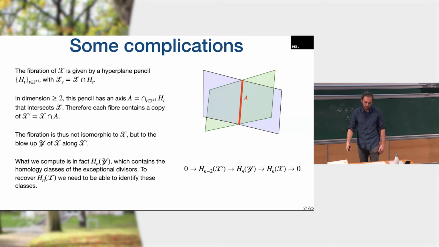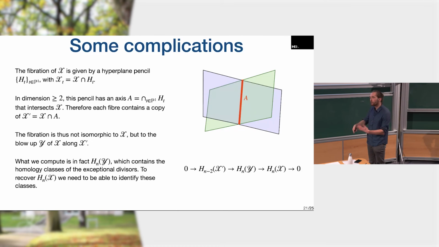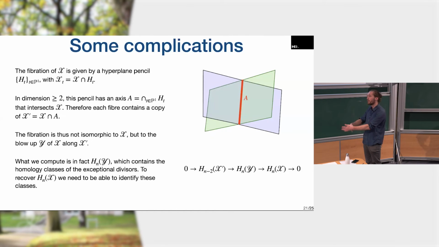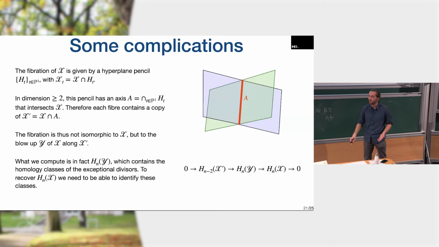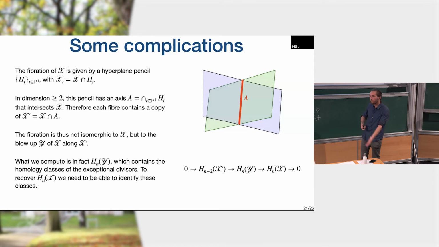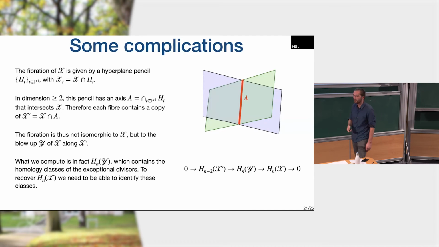If we want to recover the periods of x, it requires a bit more work, but we have to be able to identify these homology classes that stem as exceptional divisors of this blow-up. But still we can do it, and then we can recover the exact period matrix of x.